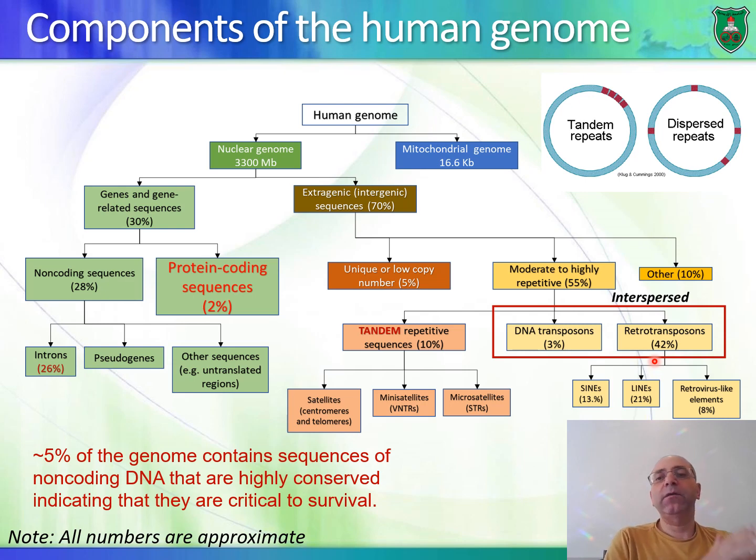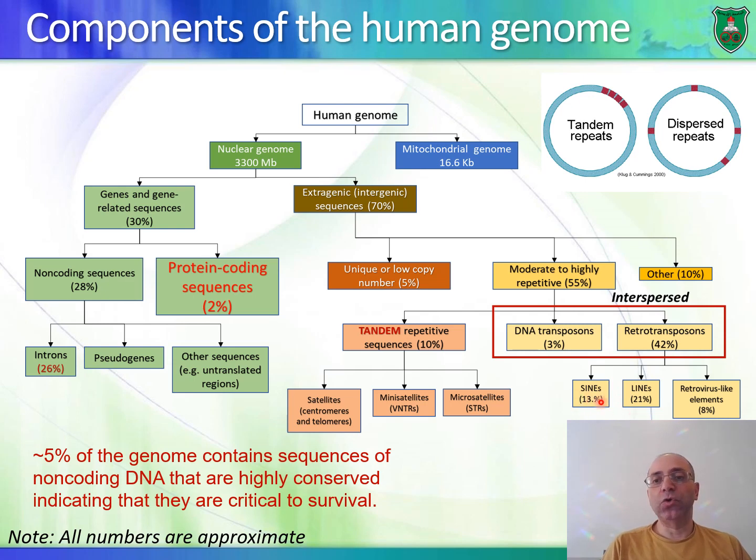This RNA got converted into DNA, and the DNA got integrated into our DNA, into our genome. So you can imagine that 42% of our genome really originated from RNA viruses. Amazing. And there are different types. We have what is known as SINEs, 13%, LINEs, 21%.